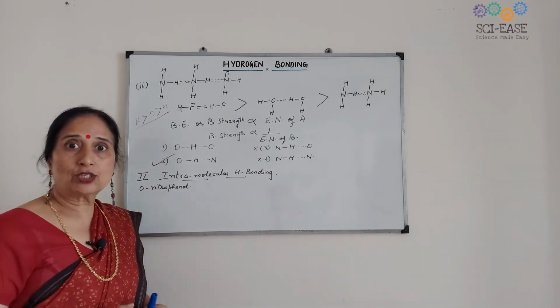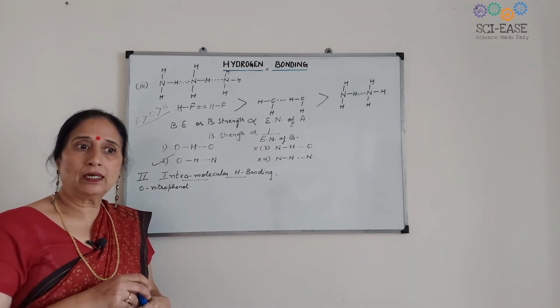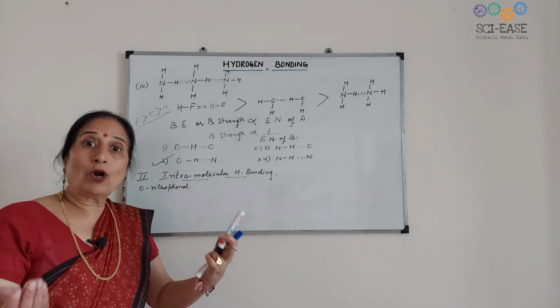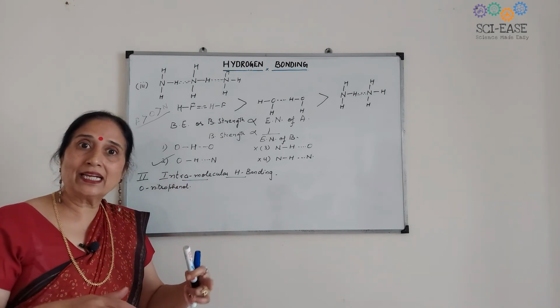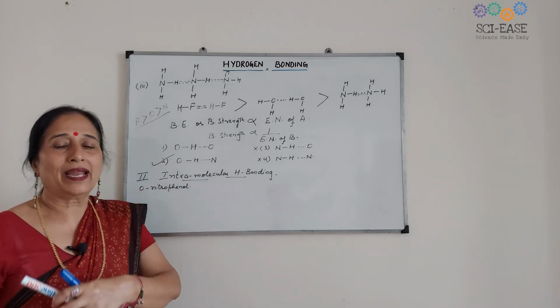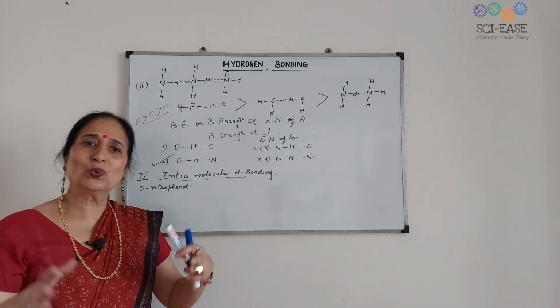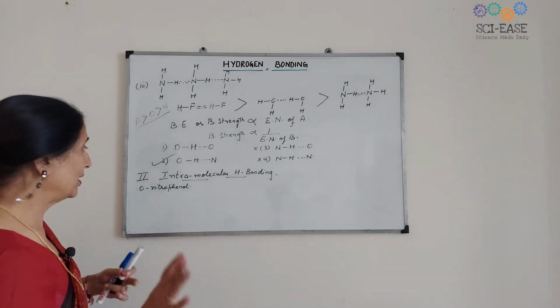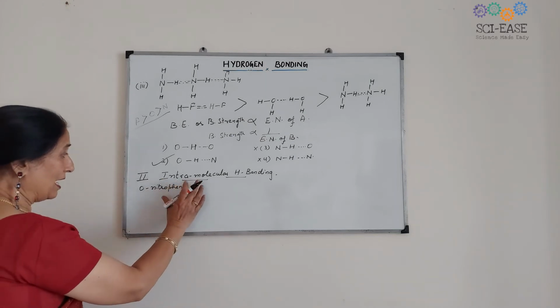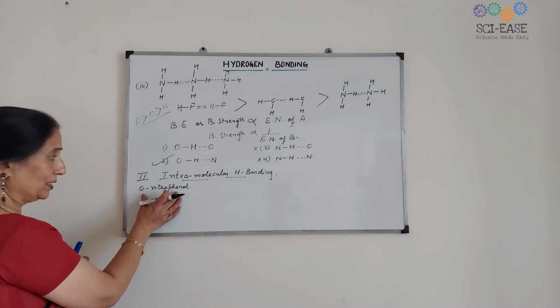When you will study organic, I will tell you what are organic compounds and what are phenols, what are aldehydes, what are ketones, and so many functional groups. But here I will take up this example.